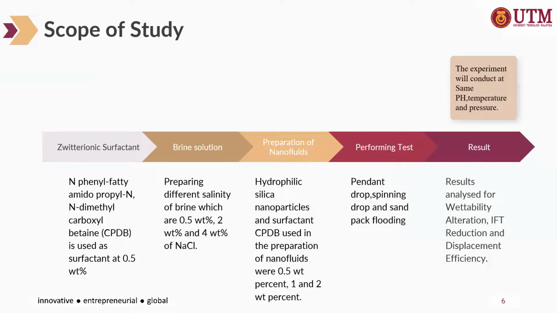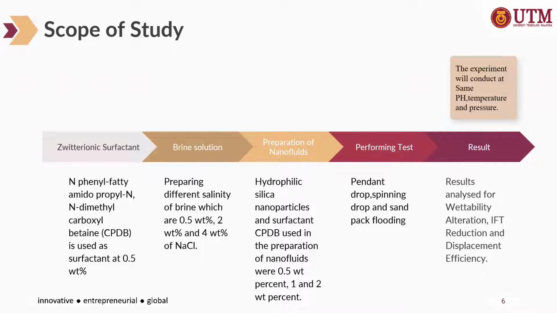Next is my scope of study. There are five significant components in my research. The first one, CPDB, is derived from castor oil and used as a surfactant at 0.5%. The second is a brine solution, prepared at 0.5, 2, and 4% concentration.